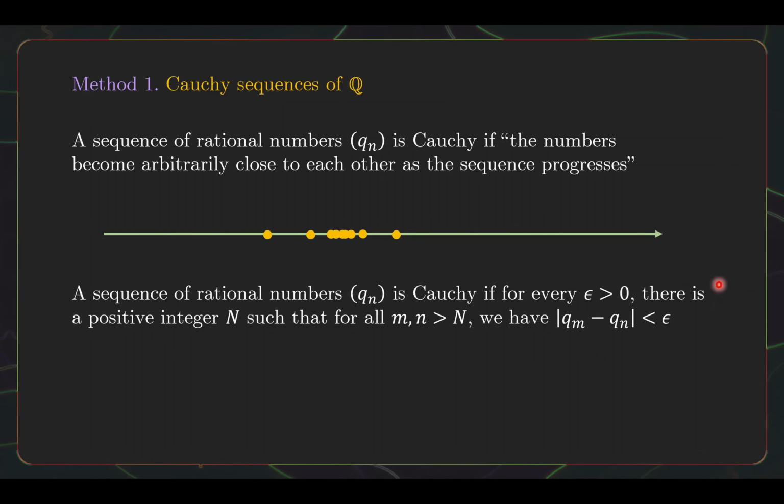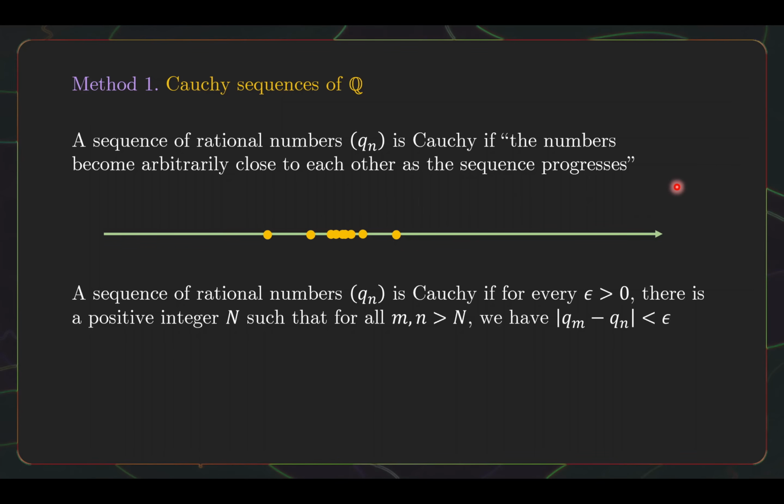This is very confusing if you are not familiar with this language, but basically it is saying that no matter the threshold I'm given, as long as I go far enough in the sequence, I'm guaranteed that the numbers in the tail of the sequence differ by less than the threshold. Roughly speaking, this is what the formal mathematics is saying. And even more roughly speaking, it's just saying the numbers become arbitrarily close to each other as the sequence progresses.